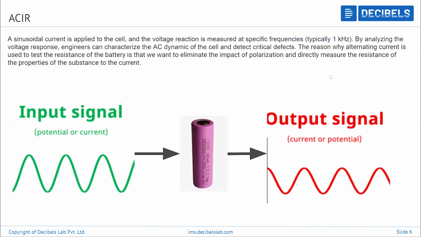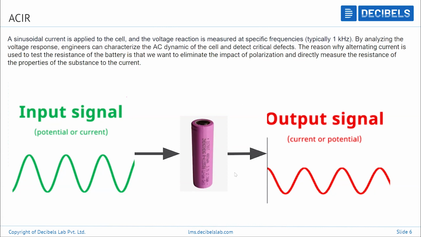Basically you can just take it as applying AC current to the system and getting the output, either potential or current, based on what input you are feeding.